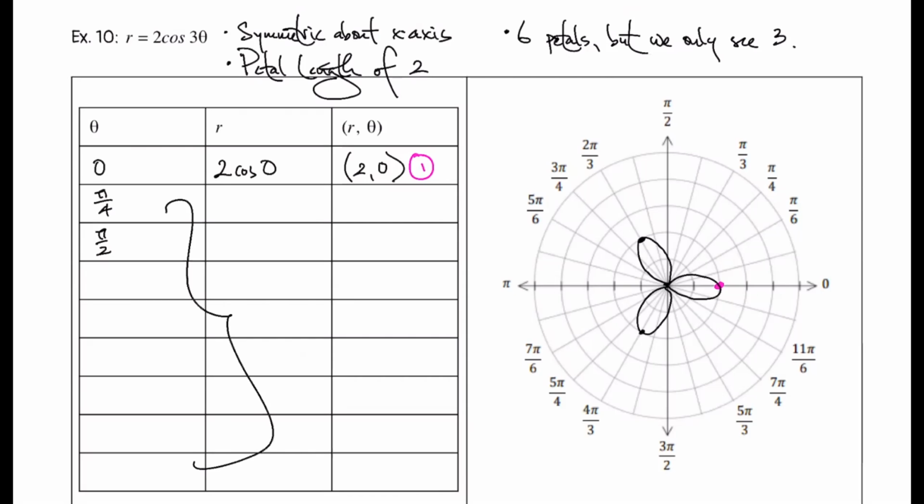So when you fill in this part, you want to find or use valuable points. And by valuable, I just mean it better be a point that helps you get important information, right? If you're plotting pi over 4 or pi over 2, you might just get a bunch of weird decimal things. It's going to be hard to see the picture. So we got to pick points that are going to give us the picture we want to see, okay?